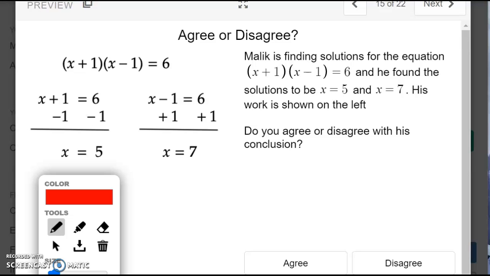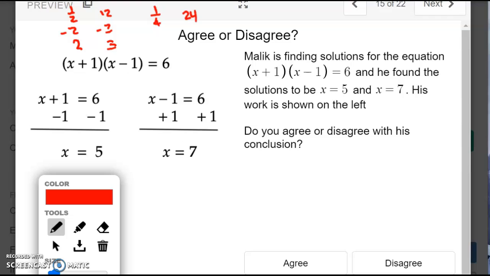However, if something is equal to 6, there are infinite numbers of ways that two things could multiply to 6. For example, it could be 2 and 3, or 3 and 2, or negative 2 and negative 3, or something like half and 12, or a quarter and 24, and so on.